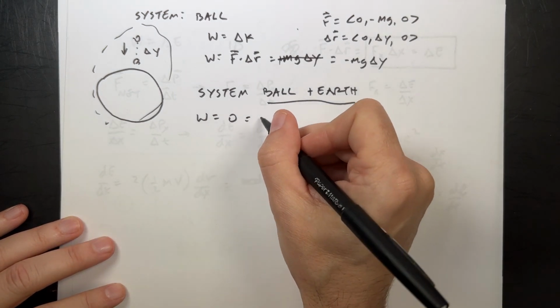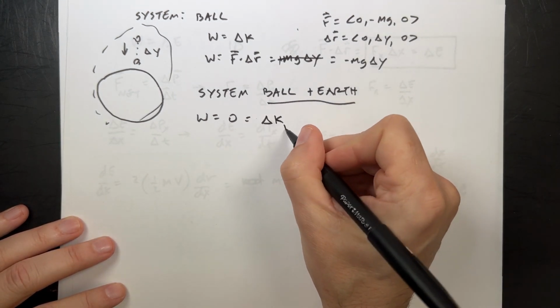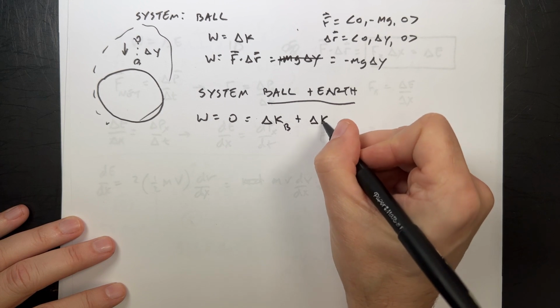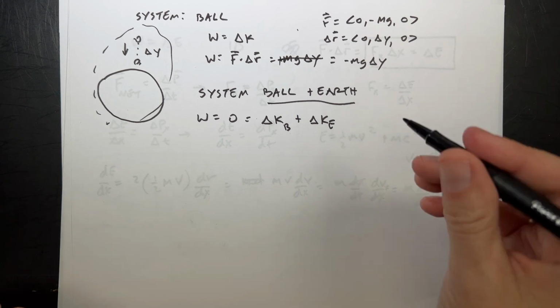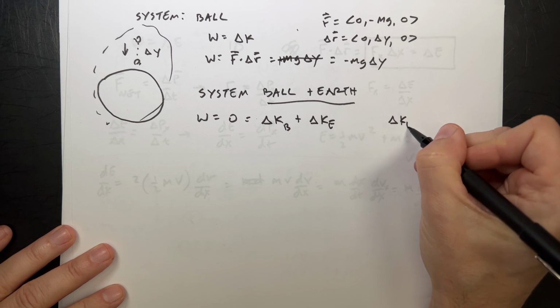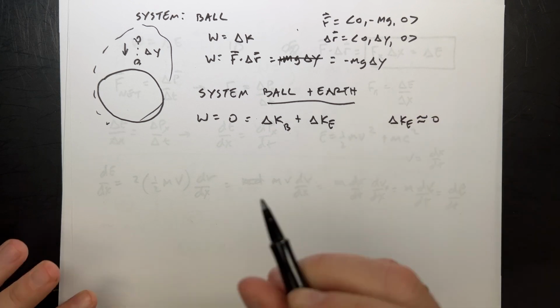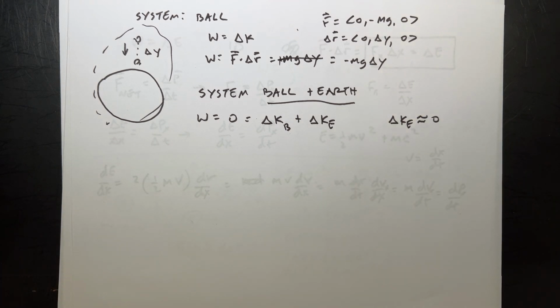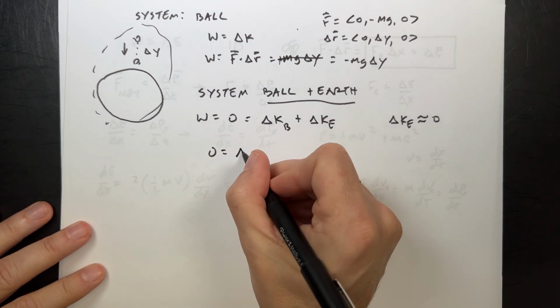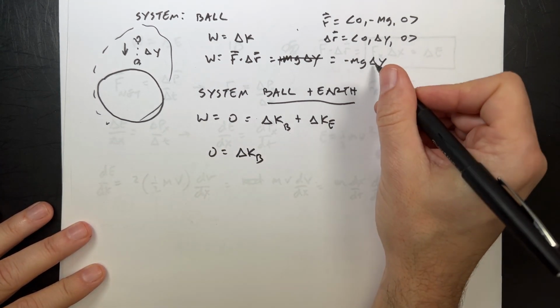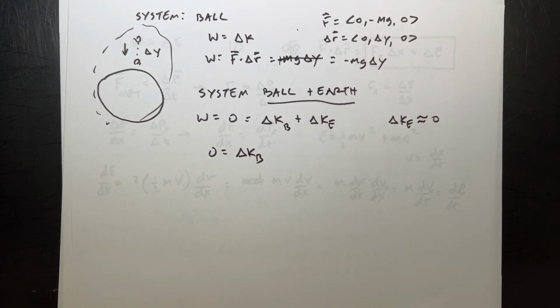But I can now have change in kinetic energy of the ball plus change in kinetic energy of the Earth. I know at the very least the ball's going to increase in kinetic energy. The Earth, delta K Earth, is approximately equal to 0 because it's very, very massive, and we can do this problem later. So now I have a problem, right? I have 0 equals delta K ball, but up here I know the change in kinetic energy is not 0.